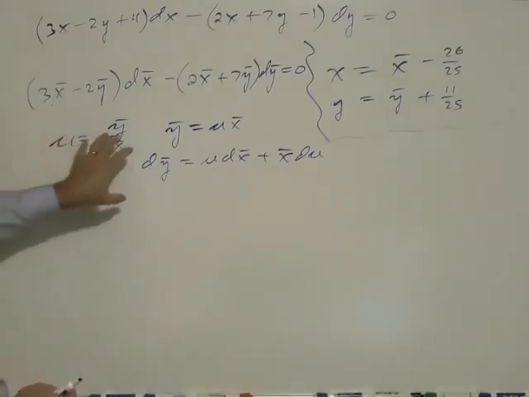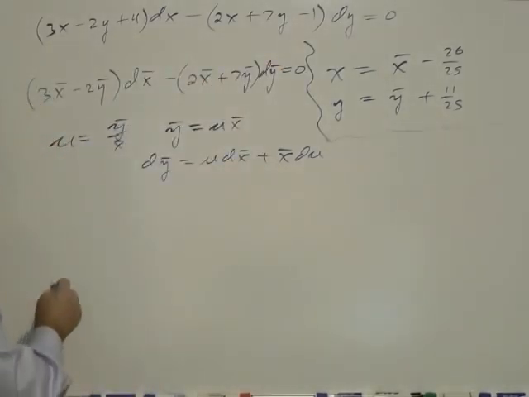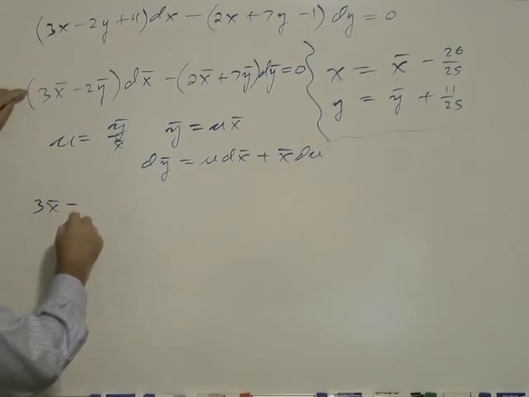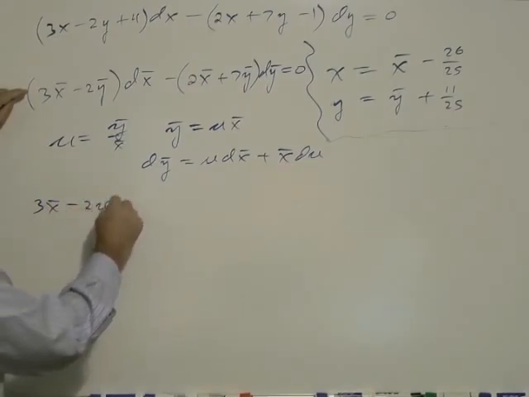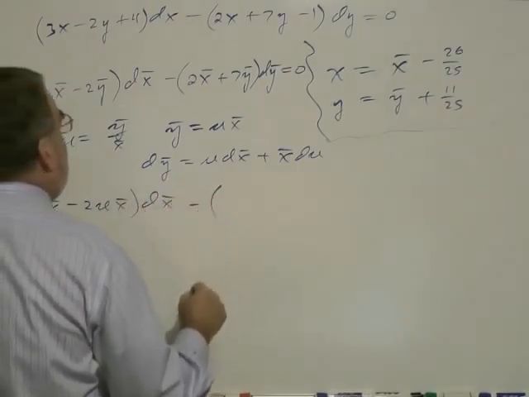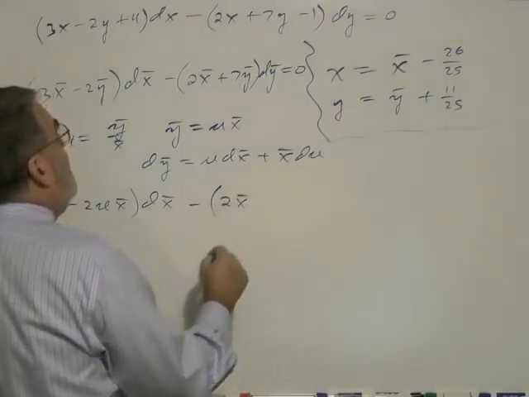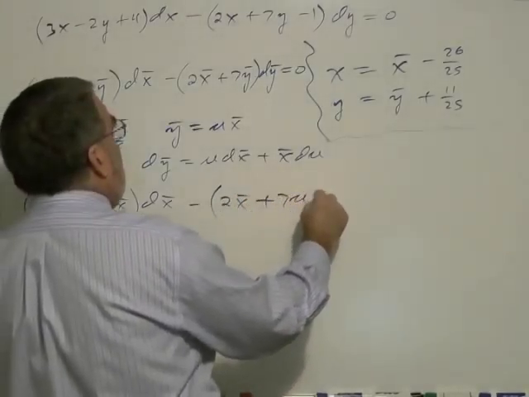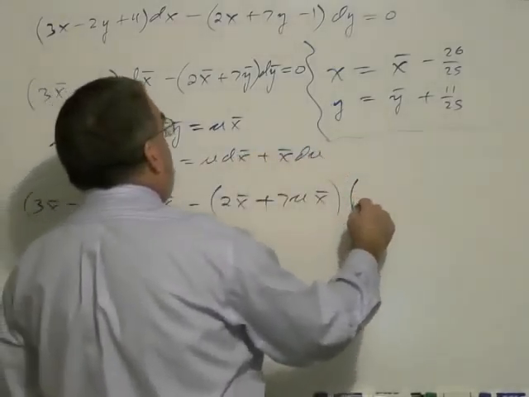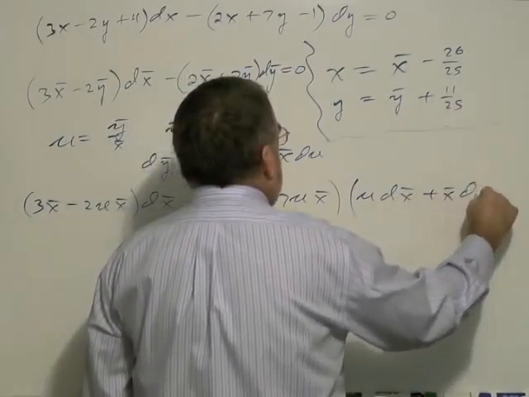So take the differential of both sides, not the derivative, and you get differentials. Alright, so we're going to substitute all this stuff into here. And that gives us 3x bar minus 2u x bar, parentheses dx bar, minus parentheses 2x bar plus 7u x bar. And then we have this mess. dy bar is u dx bar plus x bar du.